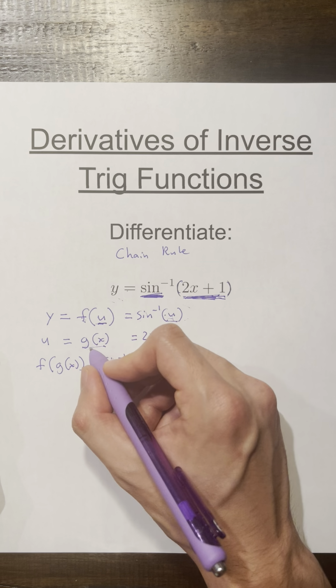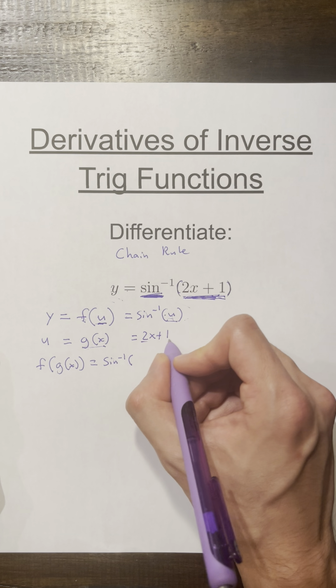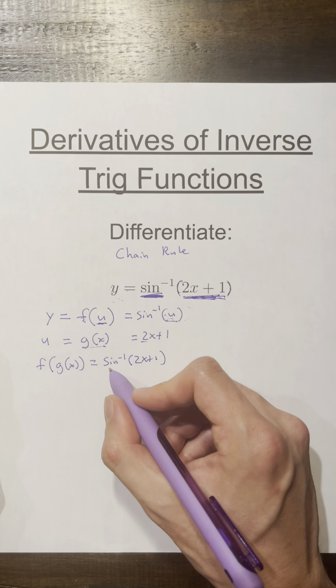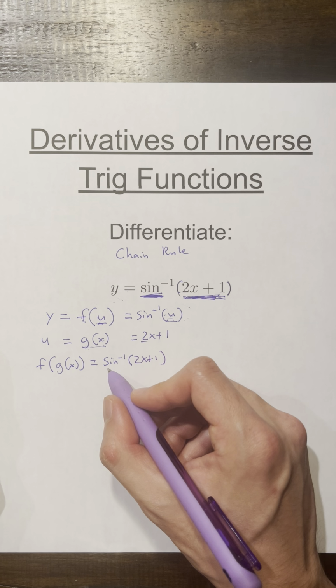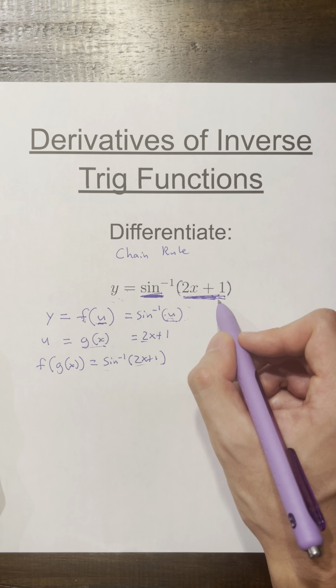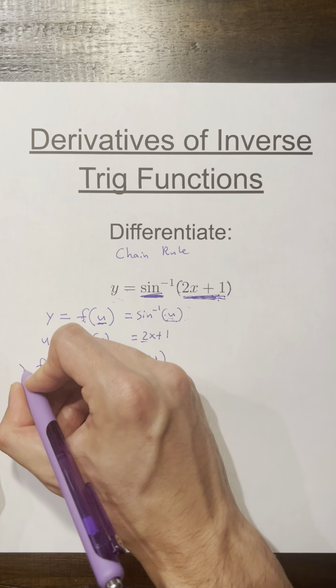This also gets changed to g of x, which is the same thing as 2x plus 1. So this is the same thing as y.